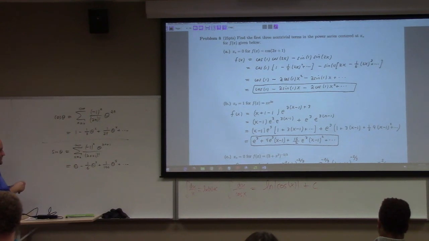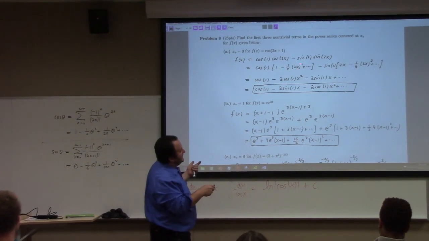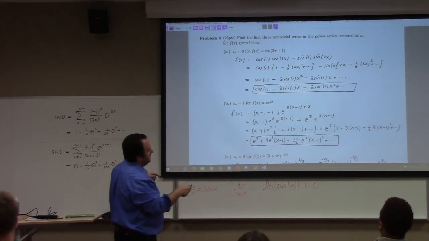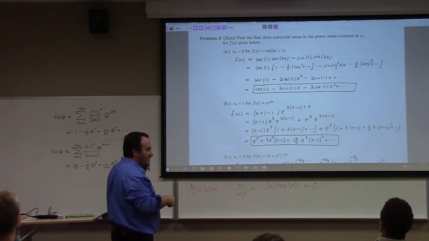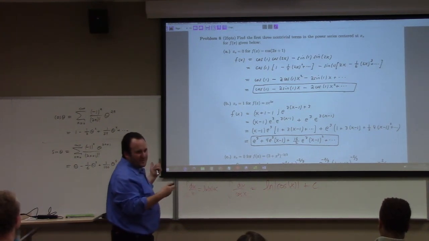Then it's easy enough to make a substitution, right? So like here, what have I done? I've put theta equals 2x, and over there I put theta equal to 2x also. For a problem like this, I say find the first 3 non-trivial terms. That means non-zero.